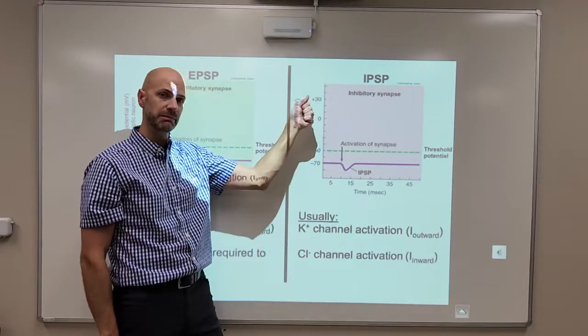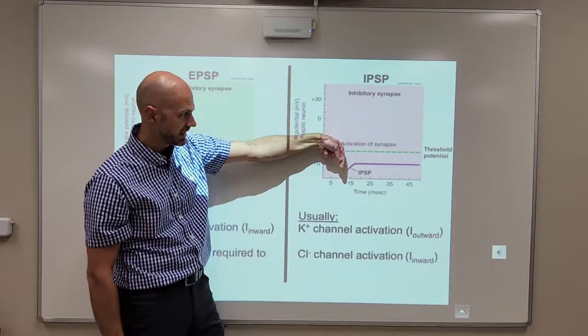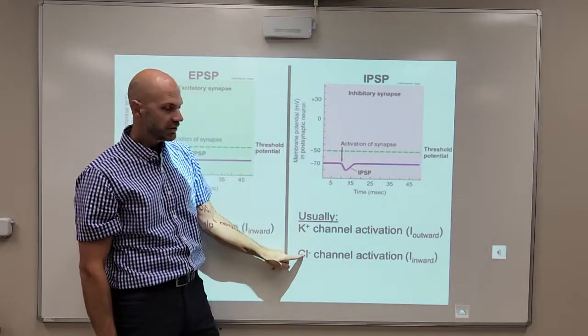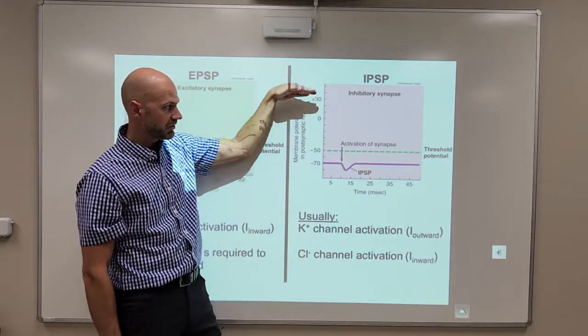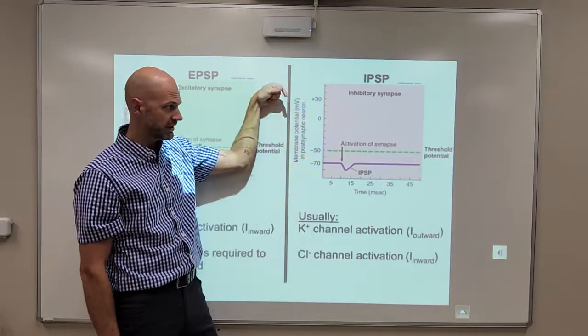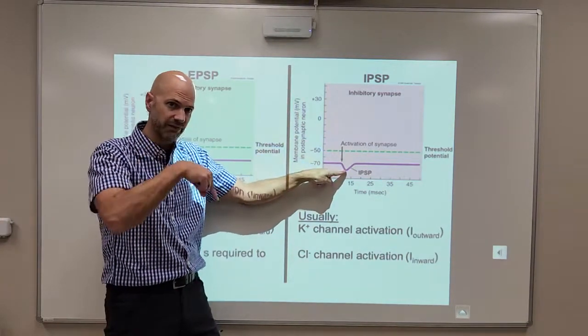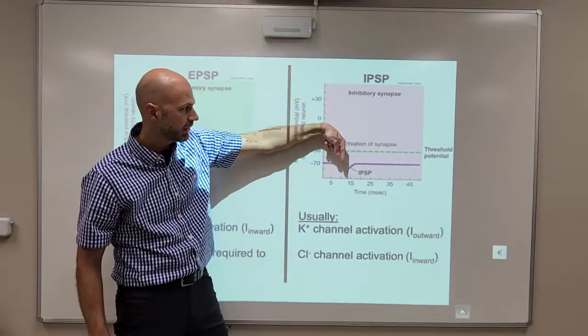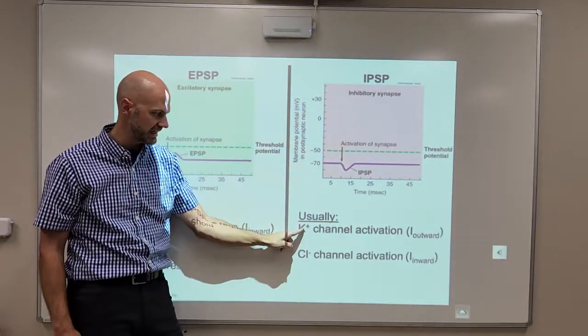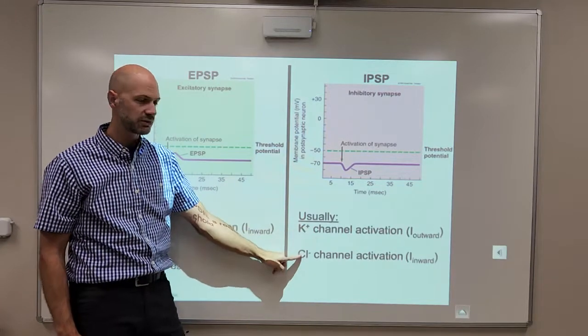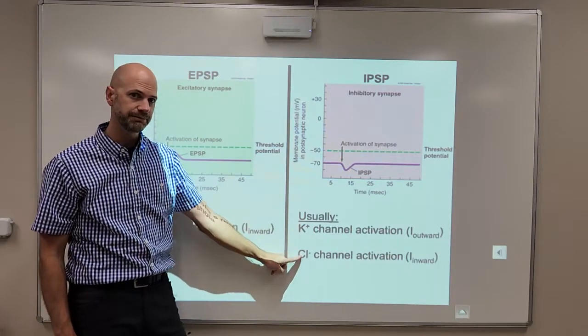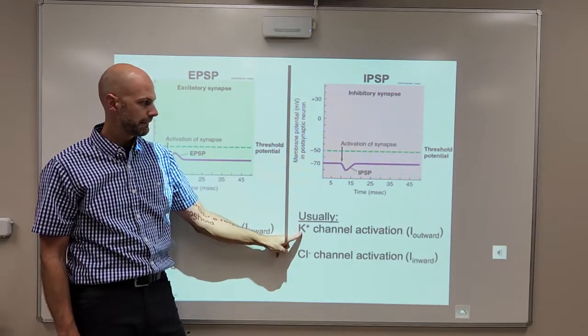If we're losing positive charge, that means we're going to get more negative. Chloride also has the same effect because we have more chloride outside the cell than inside. So that chloride rushing in will again increase the negative effect. So we're going to have an inhibitory or hyperpolarizing effect from potassium rushing out or chloride rushing in. That's important.